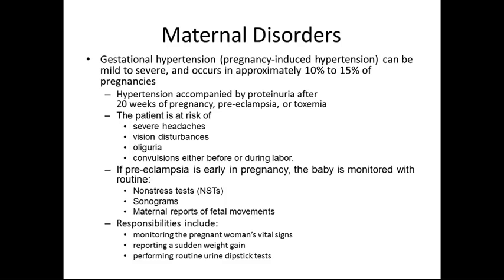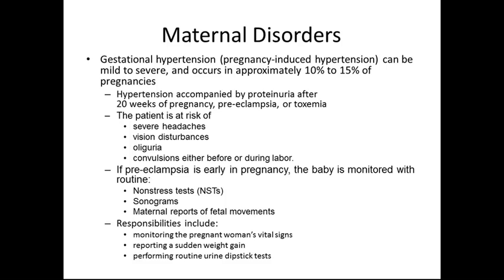Other maternal disorders are gestational hypertension, or pregnancy-induced hypertension, that can be mild to severe and occurs in approximately 10 to 15% of pregnancies. Hypertension accompanied by proteinuria after 20 weeks of pregnancy indicates preeclampsia or toxemia.